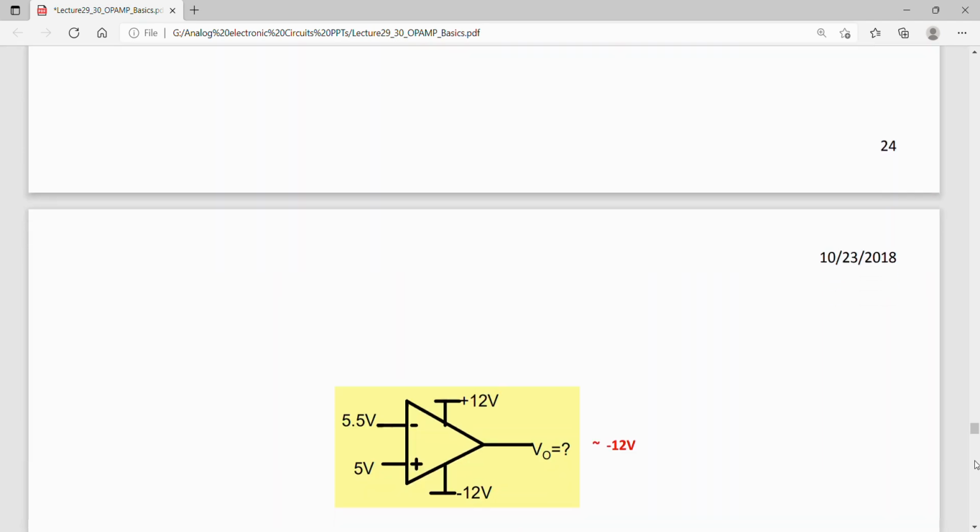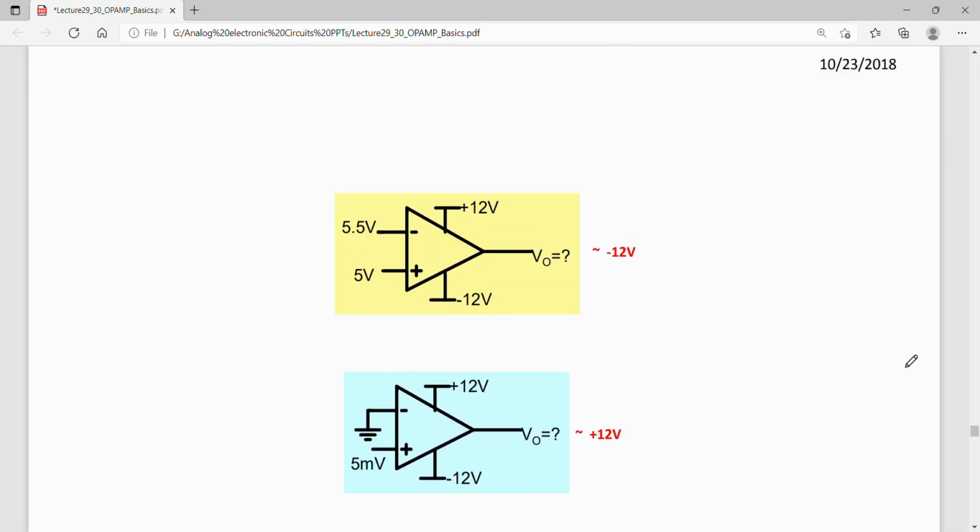So an OPAMP in open loop configuration can act as a comparator. Let us say that 5.5 volts is applied to the non-inverting terminal and 5 volts is applied to the inverting terminal. What will be the output in this case?